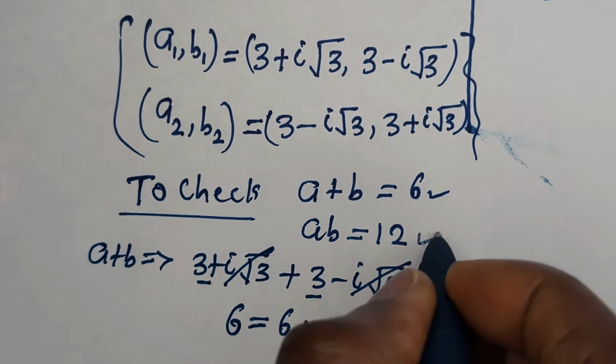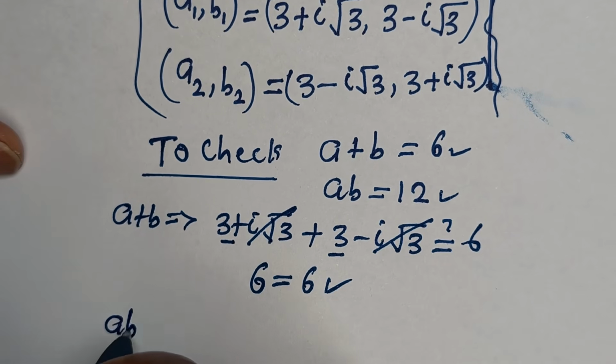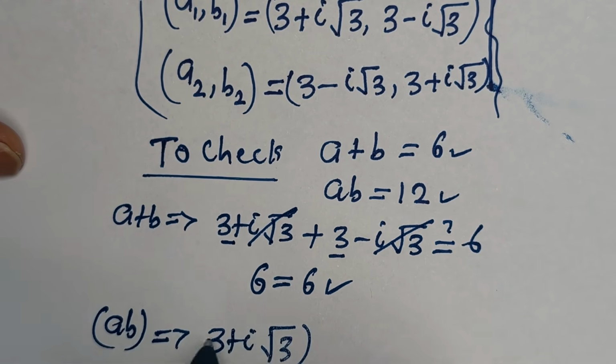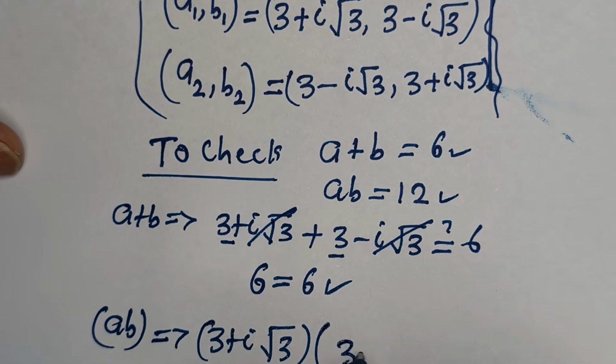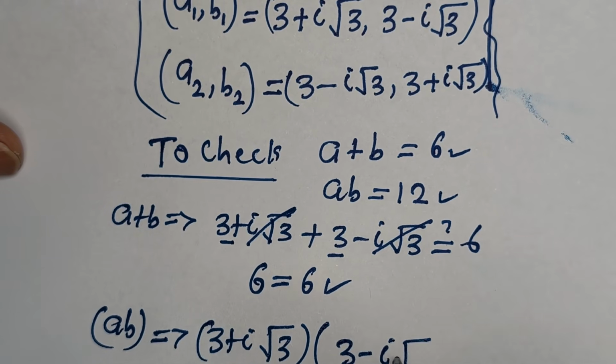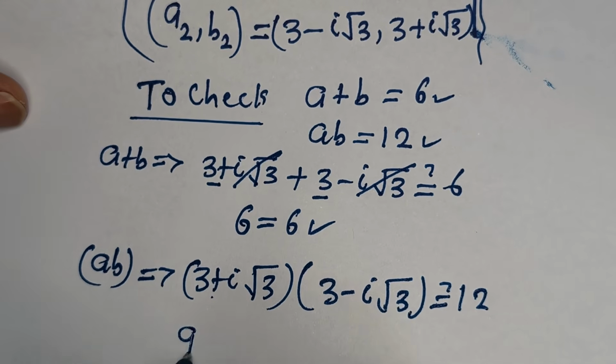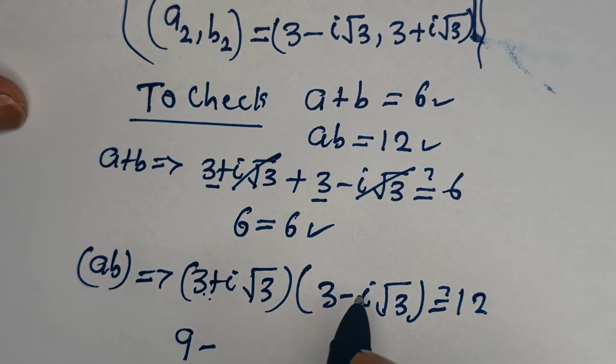Now let us consider this. AB, this is 3 plus I root 3 multiplied by 3 minus I root 3 must be equal to 12. 3 times 3, this is 9 minus 3 times I root 3.